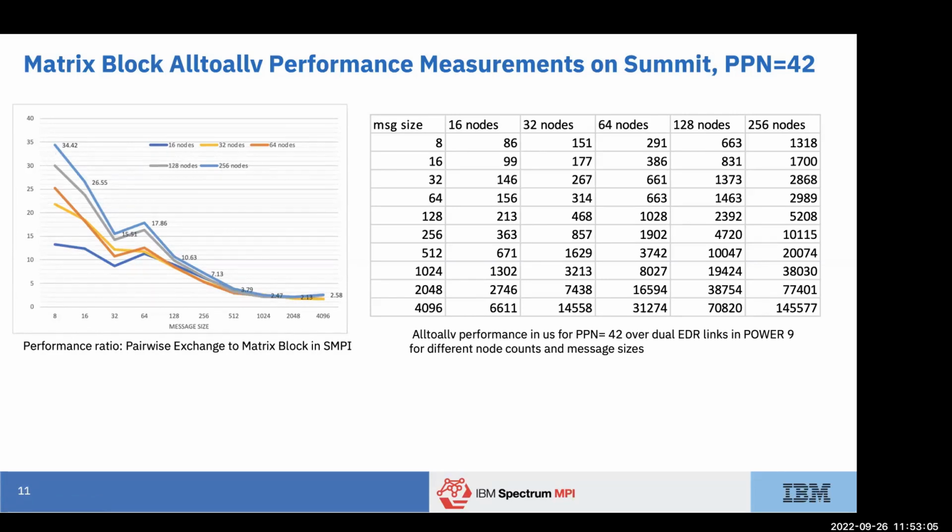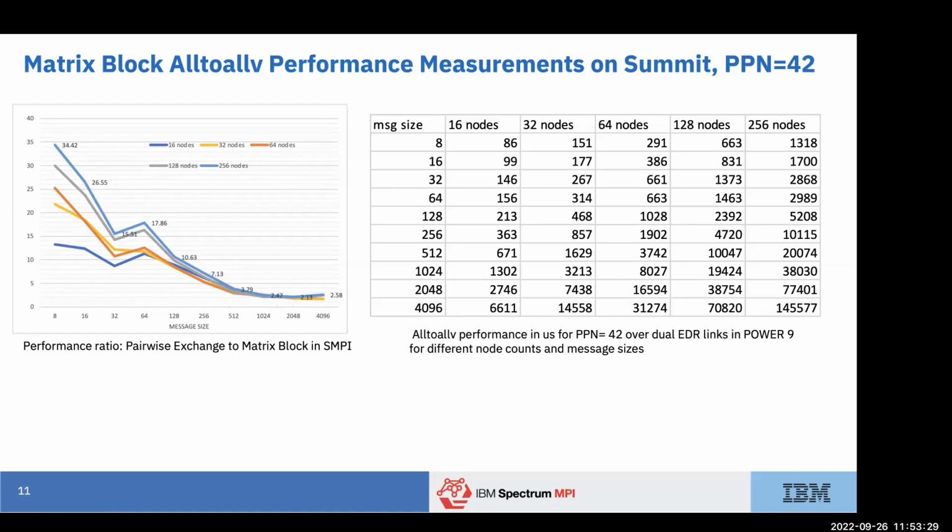As expected, as we increase message size, performance gains reduce. So for 4K messages, it's still over 2x. But for the reasons of memory consumption, we don't extend it above that.